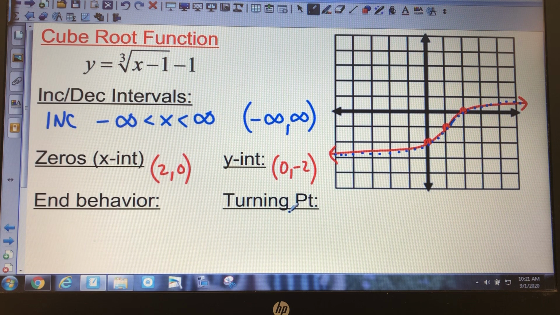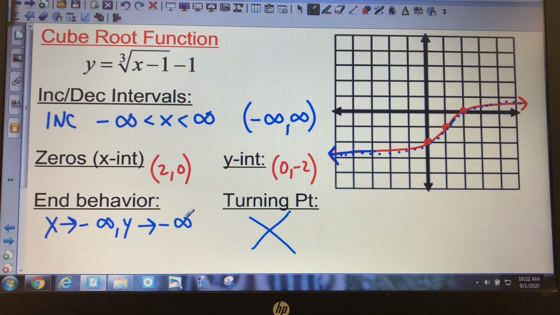No turning point, okay? Well, you're not always going to have a turning point, as you can see. You definitely have turning points for the quadratic and absolute value. All right, and behavior, as you go to the left, x approaches negative infinity, y approaches negative infinity.